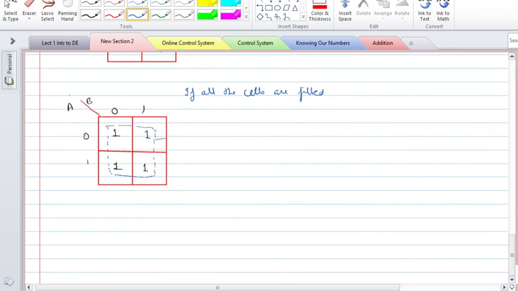For this group both the variables are changing, so they get eliminated, and the final value will be this one.